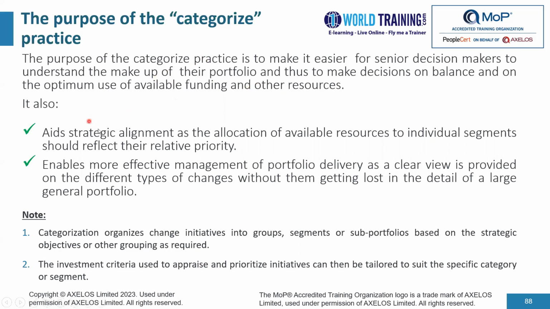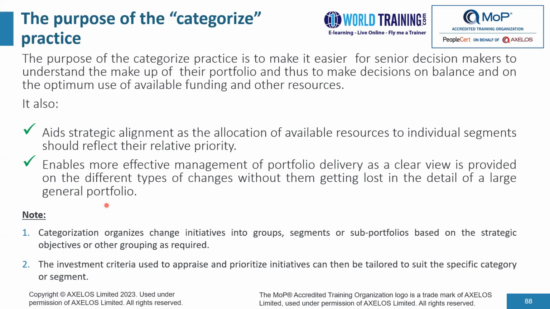It also aids strategic alignment, as the allocation of available resources to individual segments should reflect the relative priority, and enables more effective management of portfolio delivery, as a clear view is provided on the different types of changes without them getting lost in the detail of a large general portfolio.